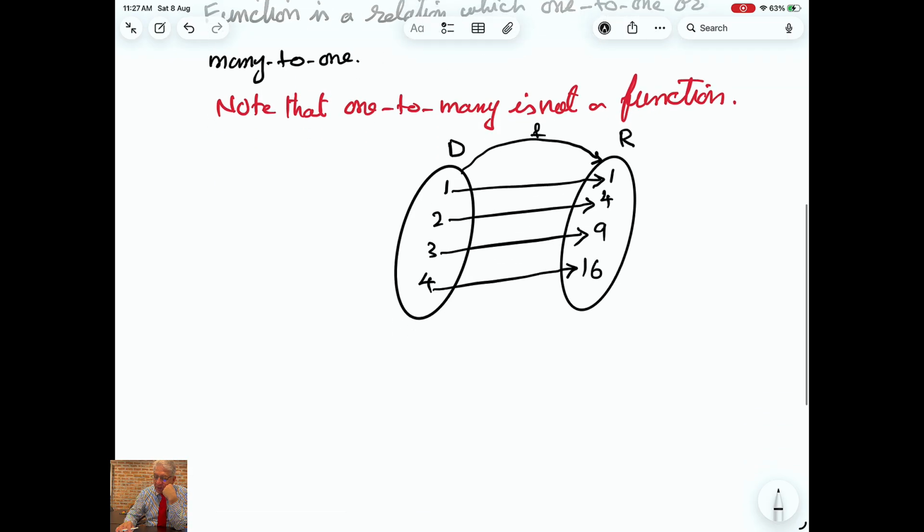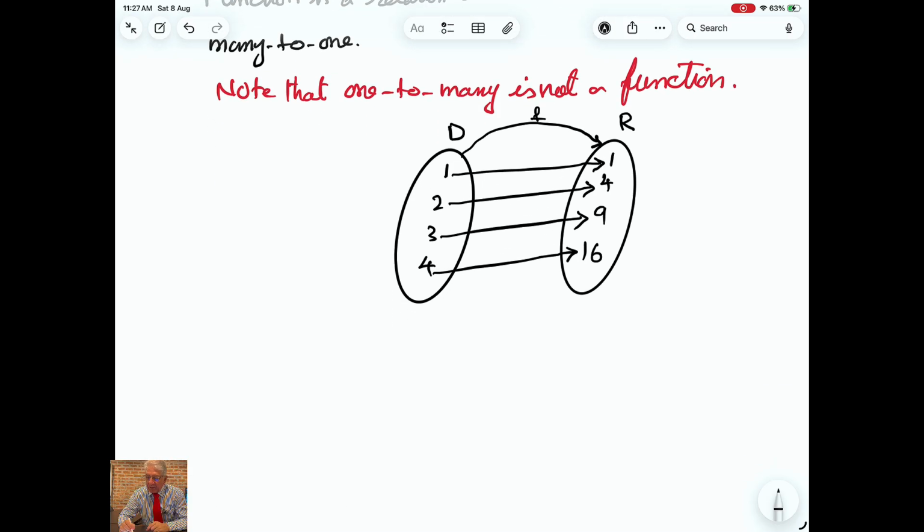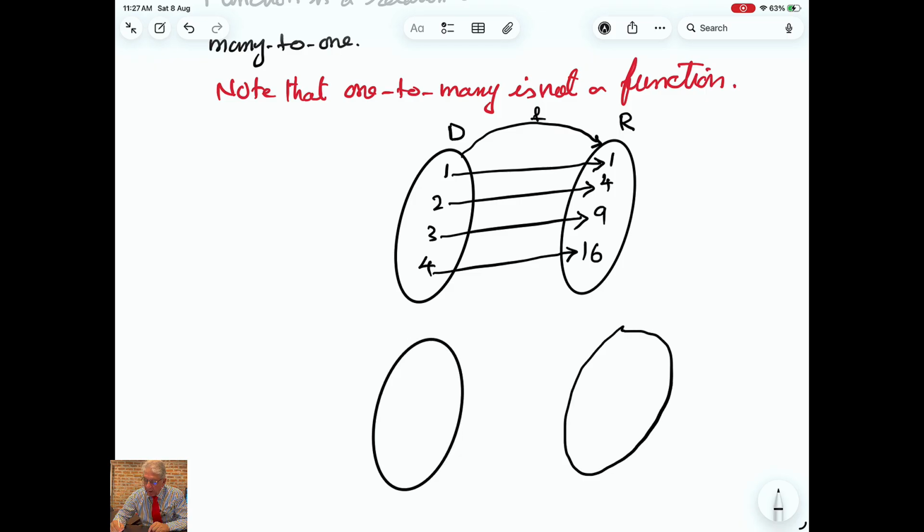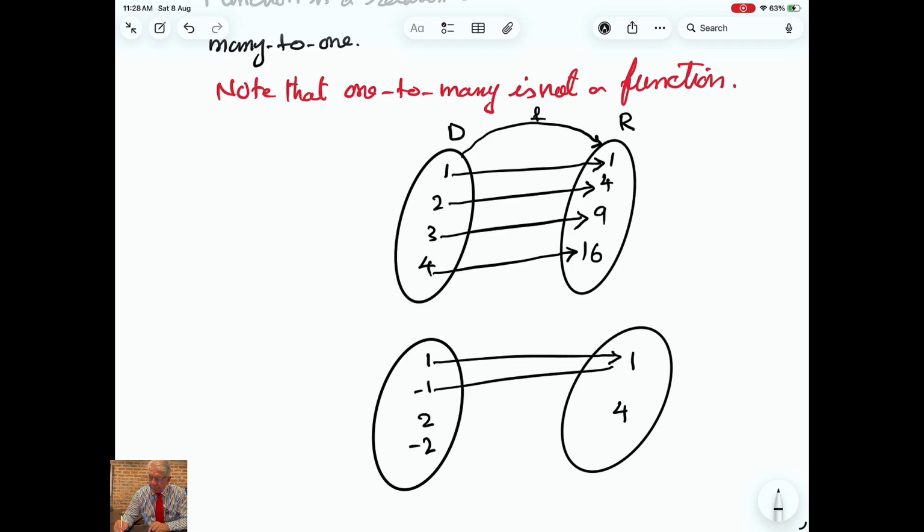Now, we can look at another one. Suppose you have got 1, -1, 2, -2, and you have got 1 here and 4 here. You can see that the image of this is this, the image of this also is this.